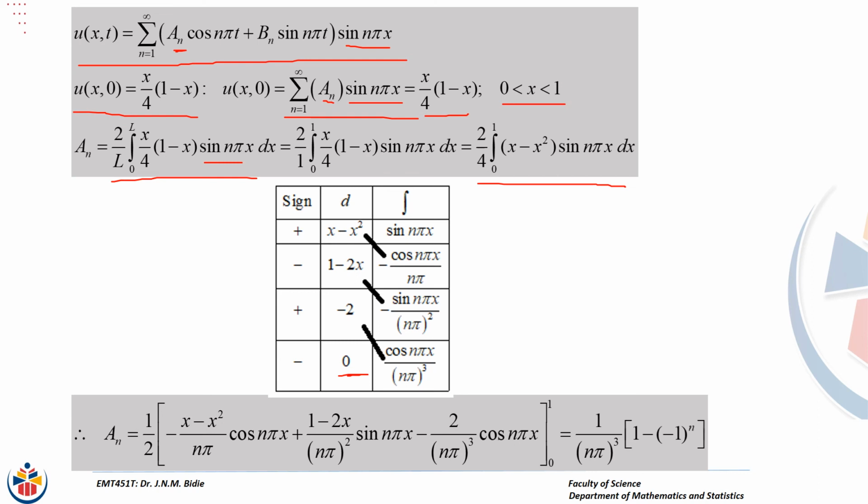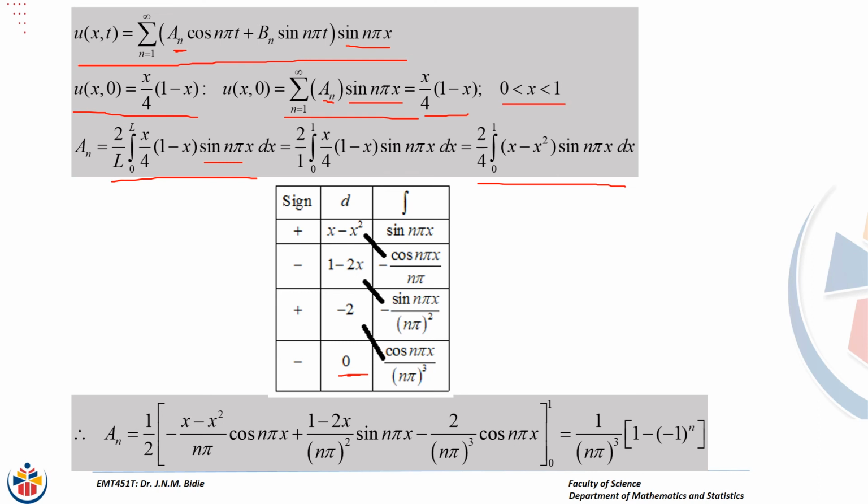So here you've got u and dv according to the formula for integration by parts. So we differentiate x minus x squared, it gives us 1 minus 2x. You differentiate again, you get negative 2. You differentiate again, in the last row you get a 0. Note it's plus, minus, plus, minus.